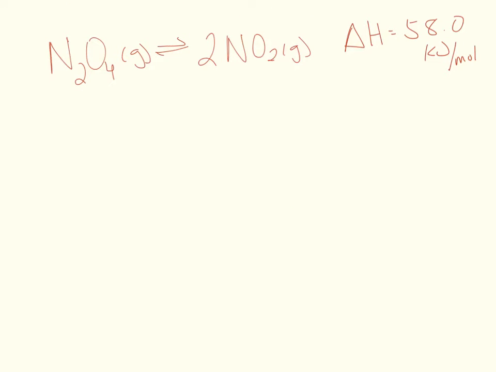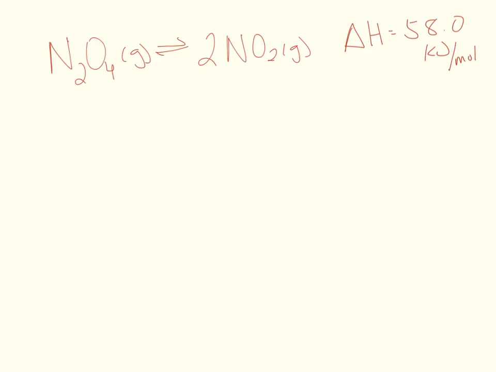So now let's move on to the last point that I wanted to talk about with Le Chatelier's principle. That is the effect that temperature has on the equilibrium. I don't know if you guys have noticed, but every time I have written a Kc, I've tried to specify what the particular temperature was at that given equilibrium constant, because the equilibrium constant depends on the temperature of the system.